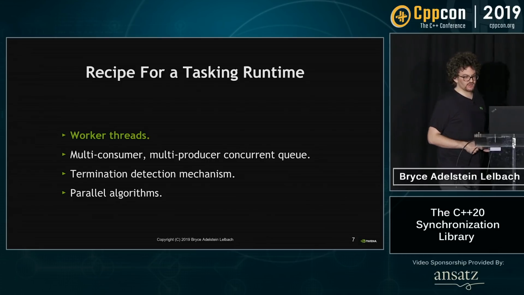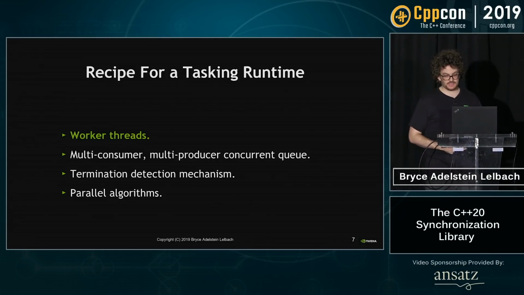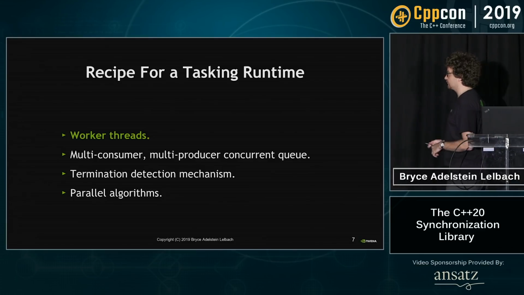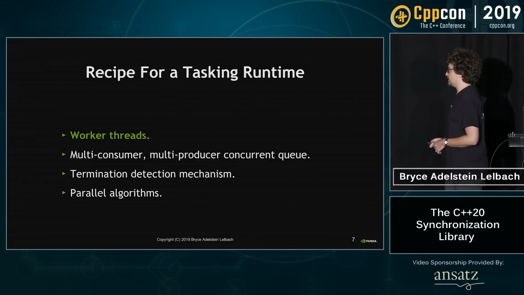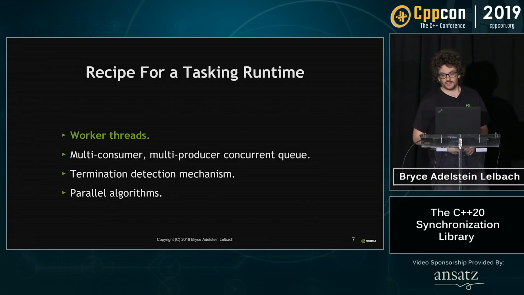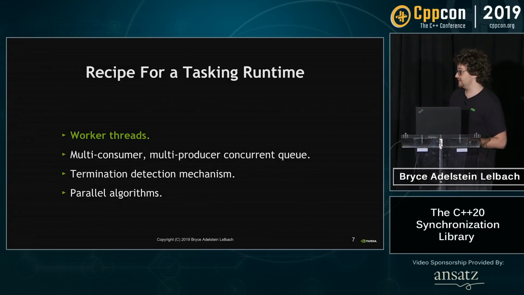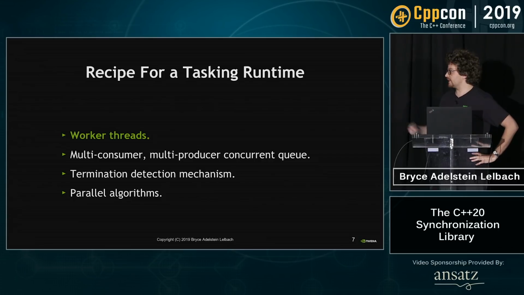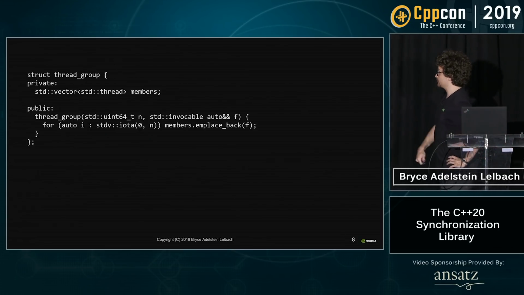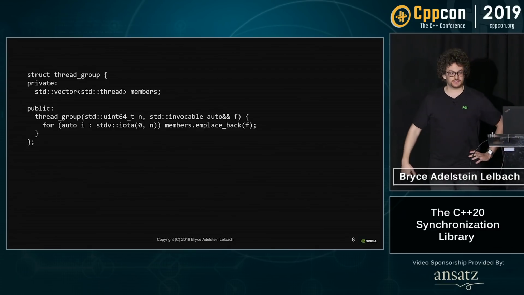All right, so we're going to start off by figuring out how we're going to organize our pool of worker threads. As I mentioned, in C++11, we have std::thread, which is a low-level abstraction for creating threads. So if we need a bunch of threads, we can create something like this. This is just some thread group class. It's got a vector of std::threads.